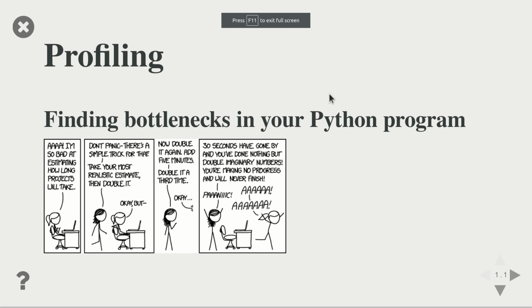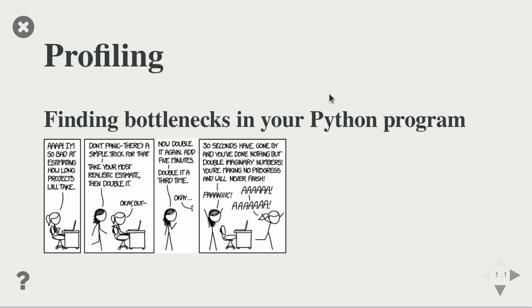Okay. So the next part that I want to talk to you about is profiling. Profiling is the task to identify slow parts of your program. The reasoning is that if you're faced with a script that takes way too much time, and your task is to make it run fast, it turns out that in almost all cases, the slow runtime of a code is caused by only 5% of the source code.